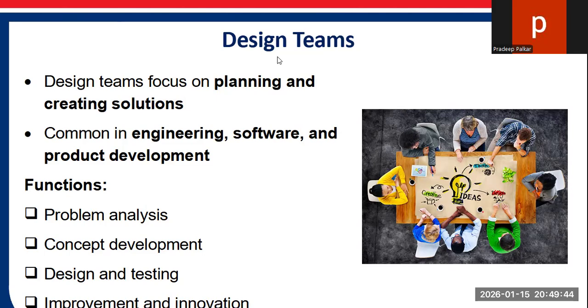Firstly, design teams focus on developing technical designs, models, drawings, and system layouts. That is a simple definition of design teams. The design teams focus on planning and creating solutions, right?